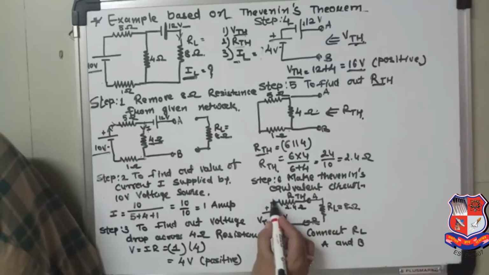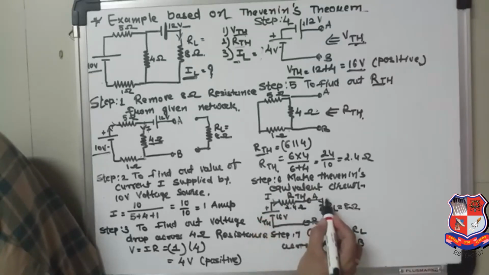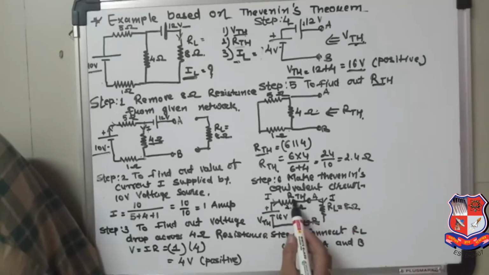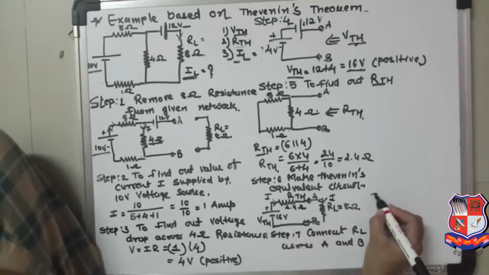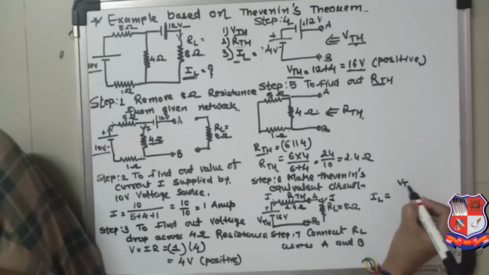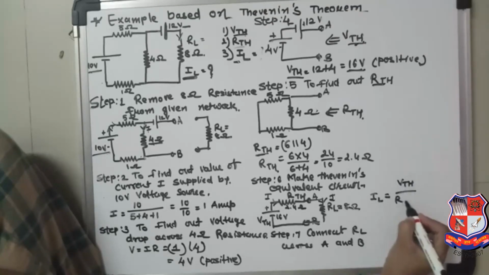So now you can easily find out the value of the current passing through the RL by applying Ohm's law. See here, RTH and RL both are connected in series in this loop, and VTH is 16 volt. So IL is equal to VTH divided by RTH plus RL.